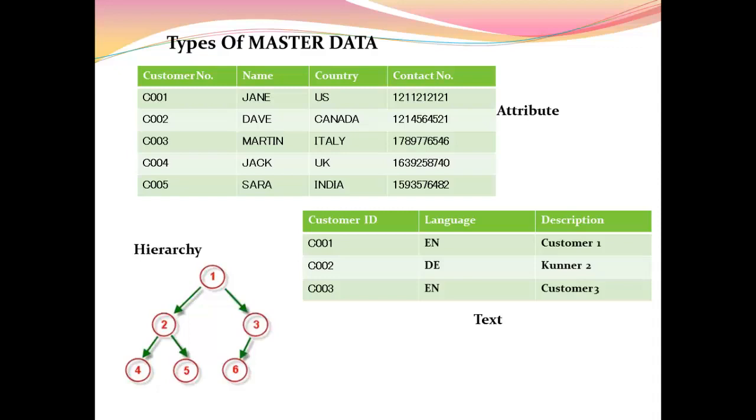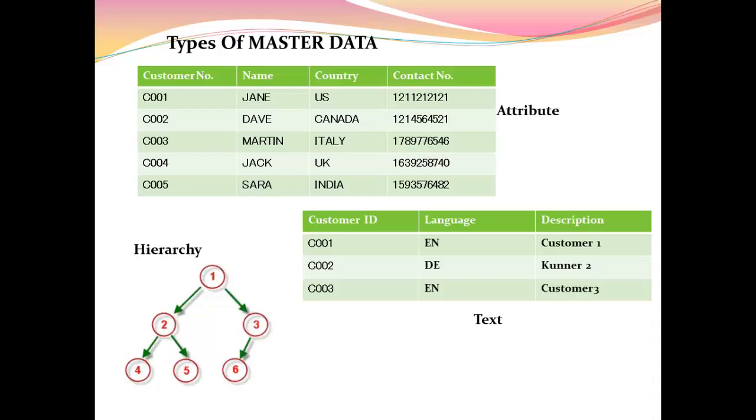So this table is an attribute type of master data, wherein the customer number C001 is the characteristic type info object. So here customer C001 holds attributes like name, country, and contact number.